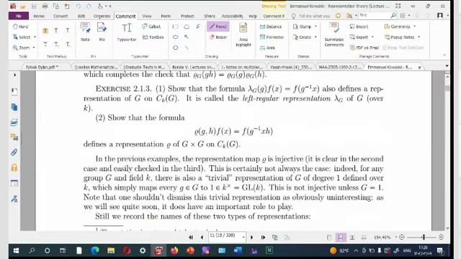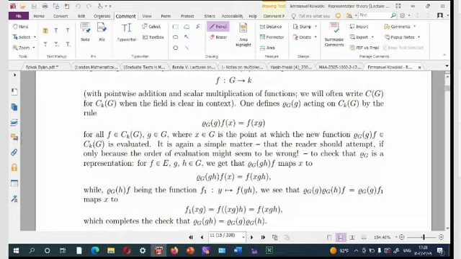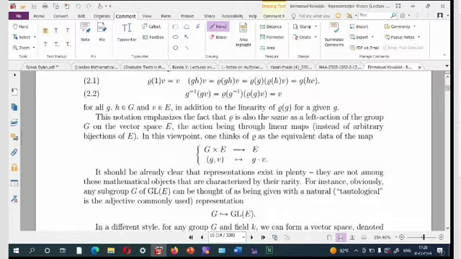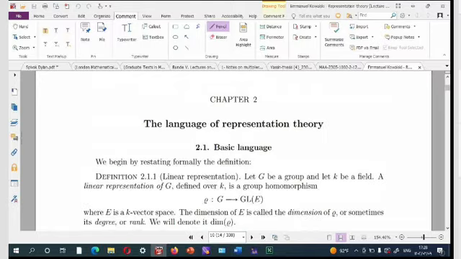Let me recall again: the dimension of A is called the dimension of the representation, or sometimes its degree or rank.